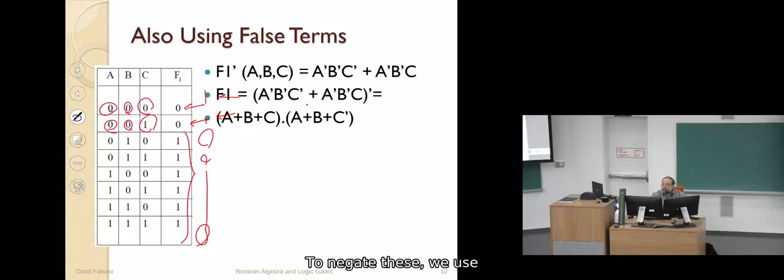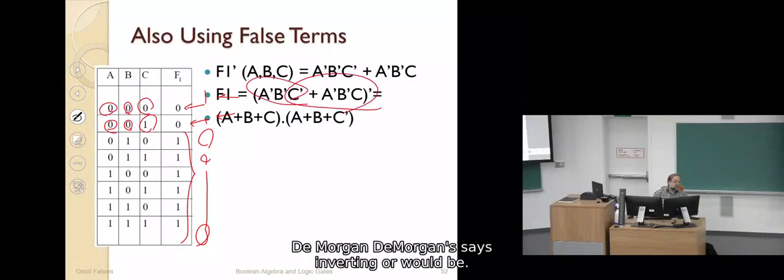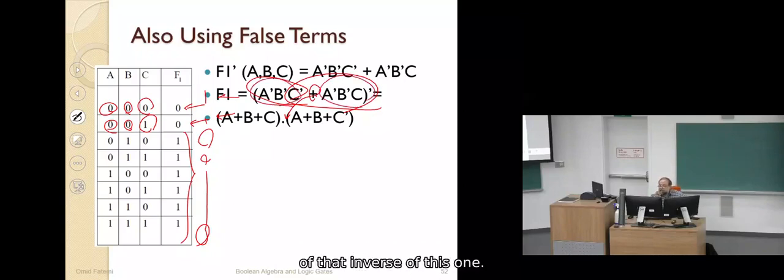To negate this, we use De Morgan. De Morgan says inverting or would be and. So this plus becomes and. Now inverting each term. Invert of that, invert of that. Invert of this one, again De Morgan: inverting a product means it becomes or.